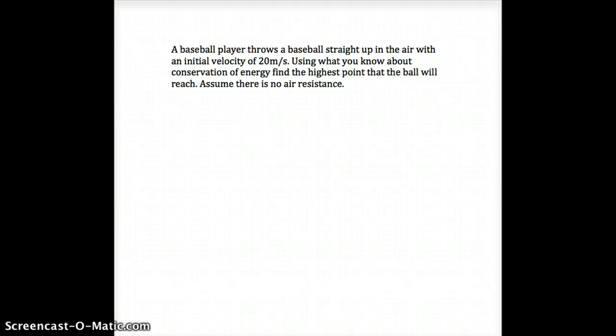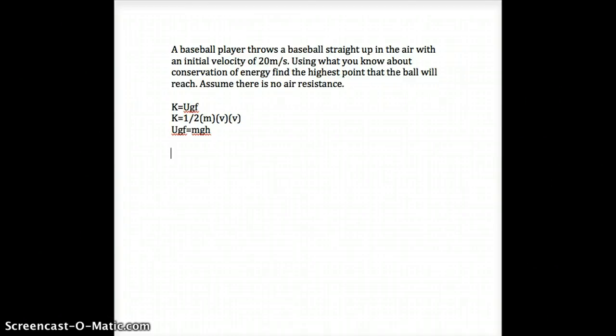From problems we've done, I know that the initial kinetic energy is going to be equal to the final gravitational potential energy. Kinetic energy is equal to 1/2 times mass times velocity squared, and gravitational potential energy is equal to mgh.